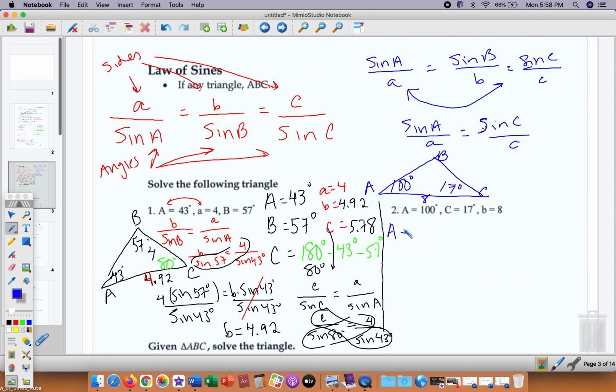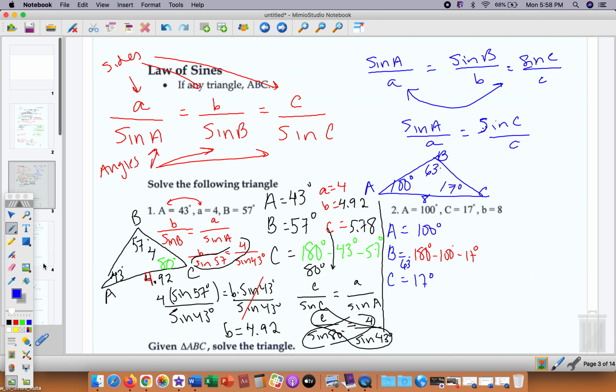So big A is 100, B we don't know yet, C is 17. We're first going to find angle B because we already know 2 of the others, so we'll do 180 minus 100 minus 17. So angle B is 63 degrees.